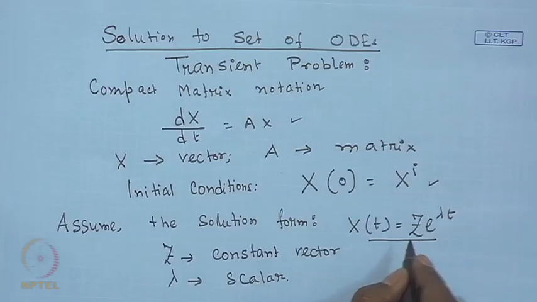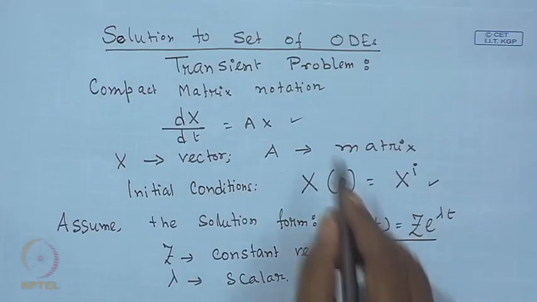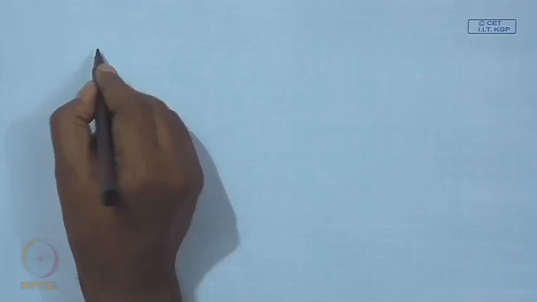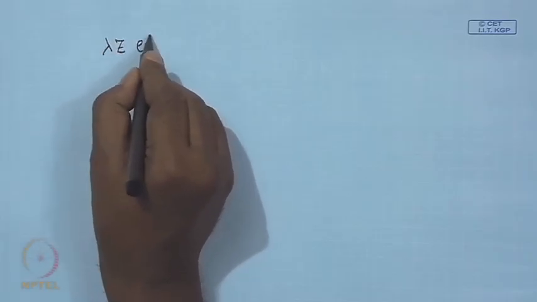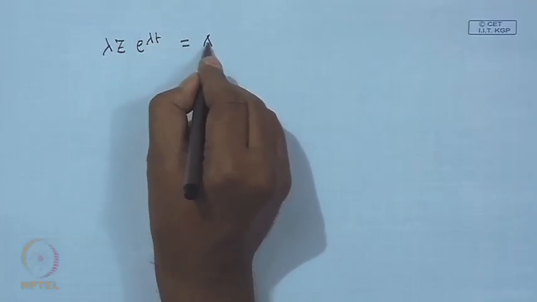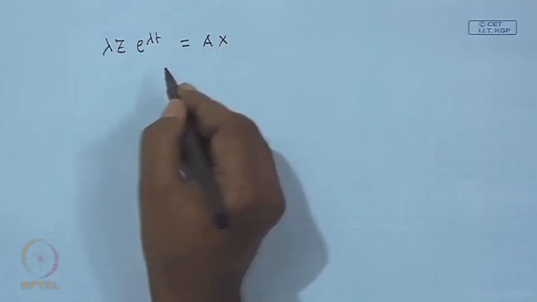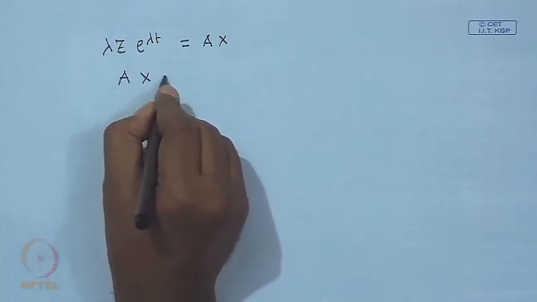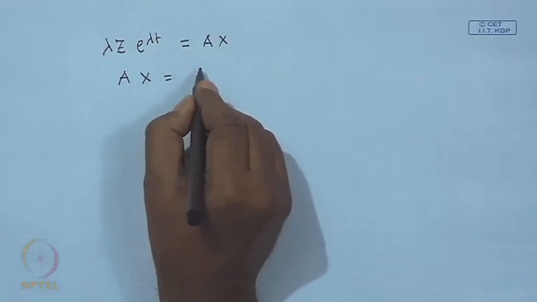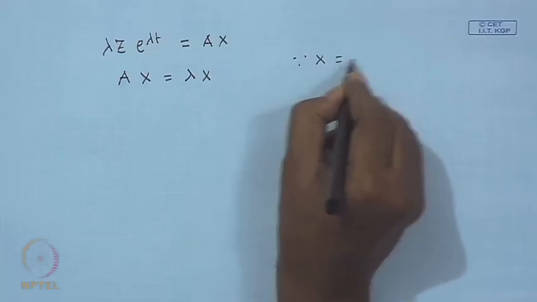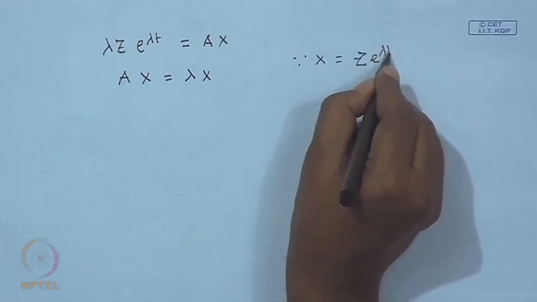Now, what we do next, we substitute this into this equation and see what we get. dx/dt is lambda z e to the power lambda t, which is equal to A x. And A x is nothing but A z e to the power lambda t.